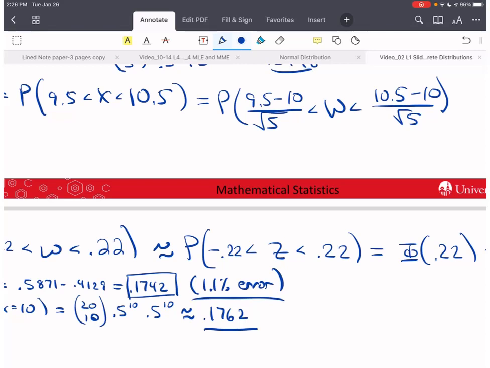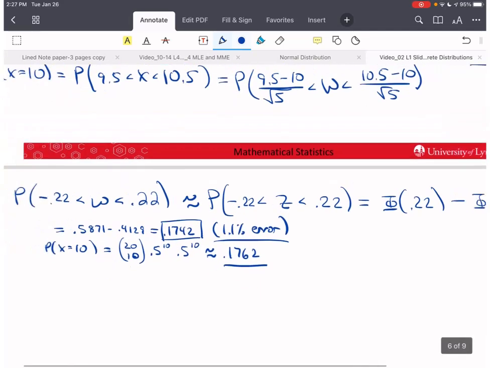It made a big difference. Now our errors are manageable. 0%, 3.4%, and 1.1%. Okay? And then if you went to x equals 15, it should be close to 3.4% again. And at x equals 20, hopefully the error would be close to 0% again. Since this is a symmetric distribution, it should work that way.